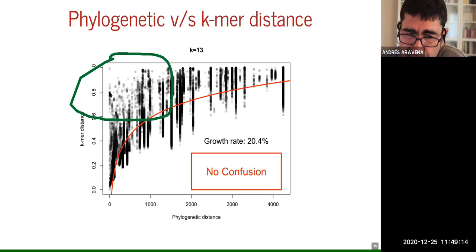These are organisms that are phylogenetically very close, but they have a very different profile of k-mer. So sometimes I cannot recognize. Sometimes I have things that are very close phylogenetically, but they have a k-mer profile that is very different. So what I mean is this: if they are different, I can see that they are different. But if they are similar, I sometimes cannot see that they are similar.